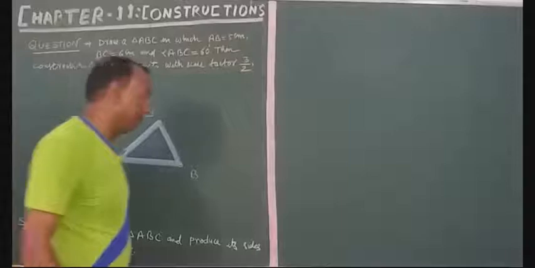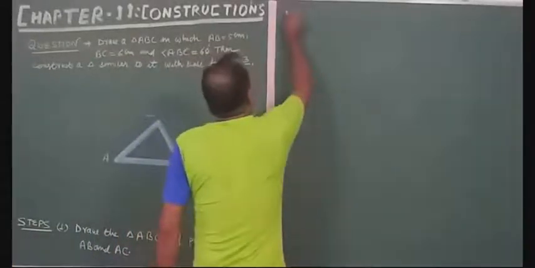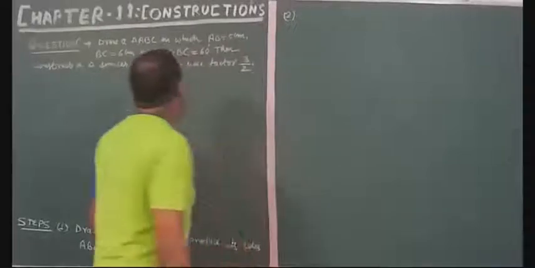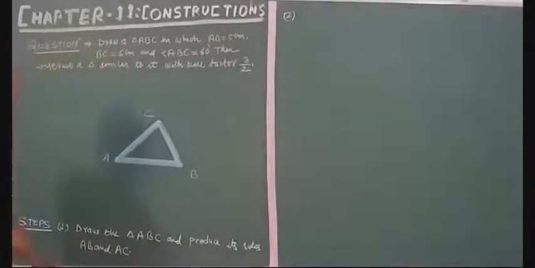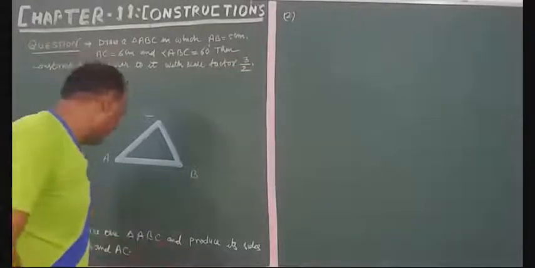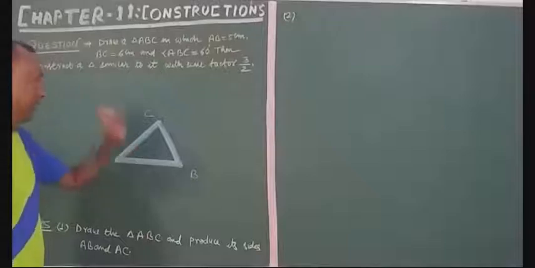What is the first step? To draw the triangle ABC, in which AB is 5, BC is 6 and angle ABC is 60 degree, and produce its sides AB and AC.